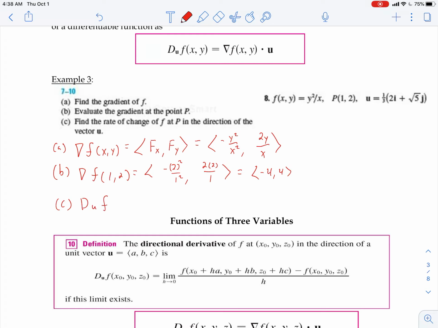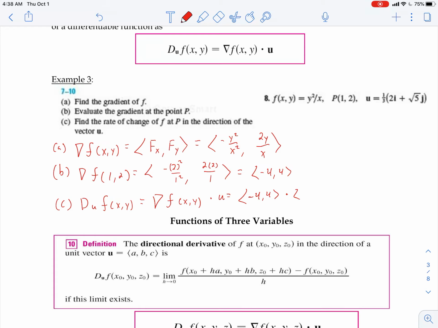We're just looking for the derivative of our function using our gradient dot our unit vector. And so here, our gradient vector we said was going to be (negative 4, 4). And then dot product that with our unit vector.